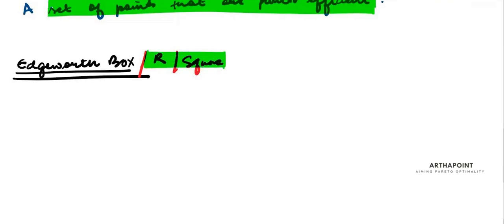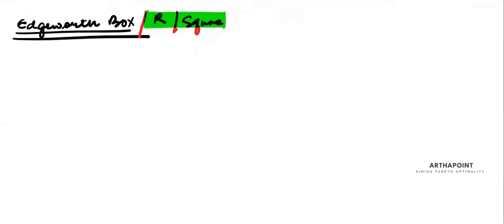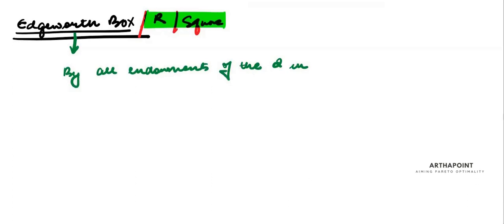Now, when we talk about an Edgeworth box, the question is, what is it? Basically, this box is formed by considering all the endowments of the two individuals.